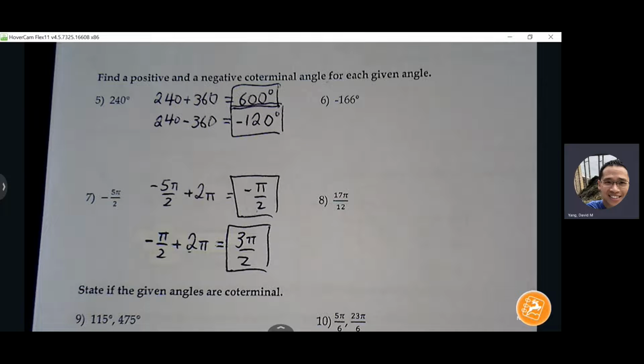Right, so anybody still need to look at any of the problems on the first page?